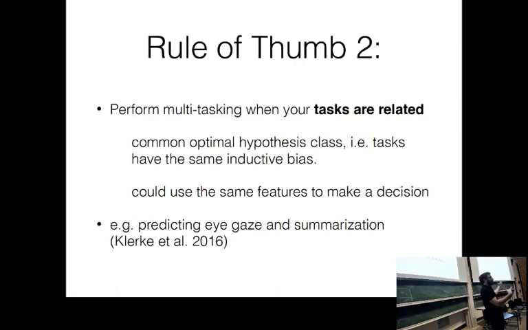When you look at long chunks of text, you don't focus with the same weight on every single word or every single sentence. So if you can ask the model to learn to focus just like a human does, which is basically the equivalent of predicting where the human would focus, then maybe you can learn better features for summarization.